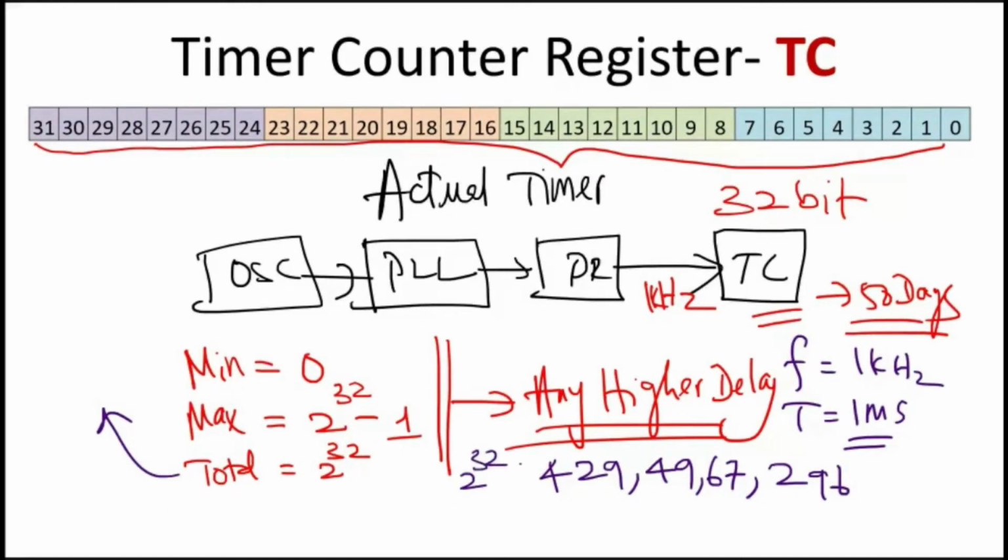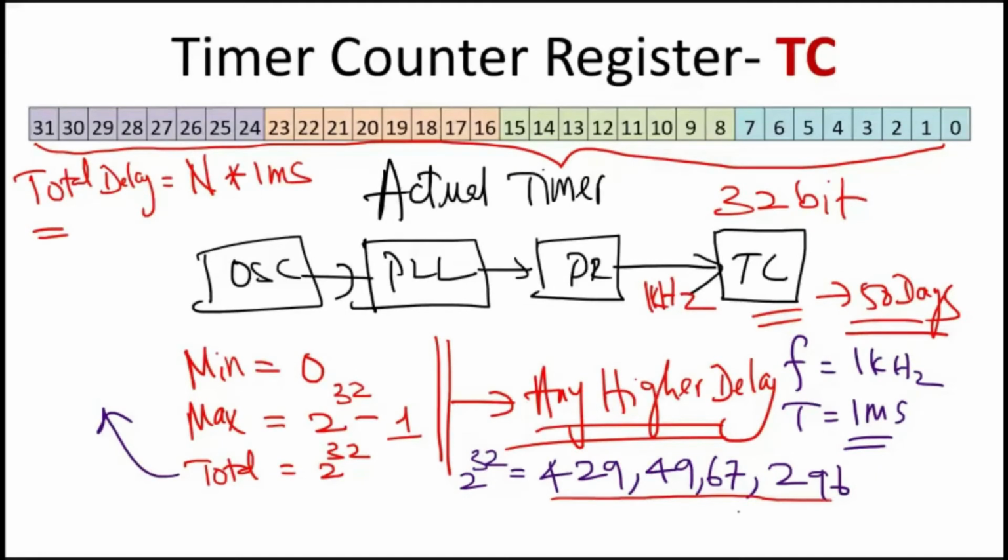So if this is the total count, what is the total delay that it can achieve? Calculate and tell me. Total delay is equal to total count N into time for one count. Time for one count is 1 millisecond. N in this case is 429 crores 49 lakhs 67,296.